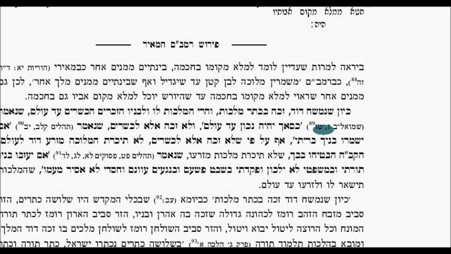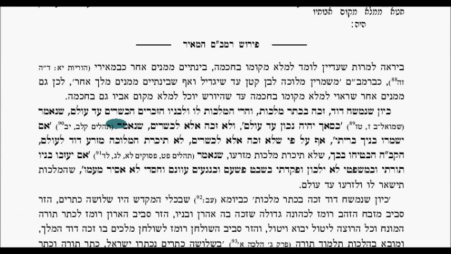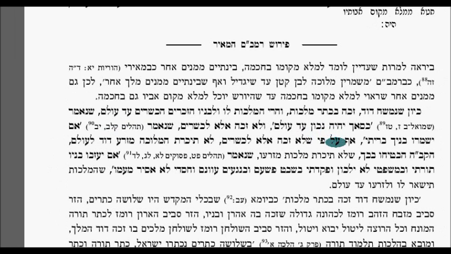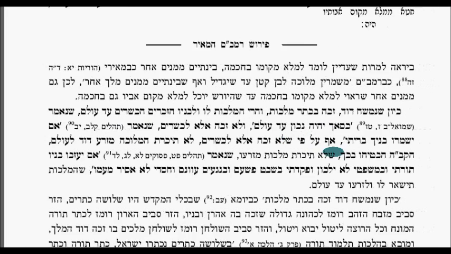Rambam continues, once David was anointed, he merited the crown of kingdom, and the kingdom is to him and to his male children forever, as it says in Shmuel 2, chapter 7:16, your seat of kingdom will be in place forever.